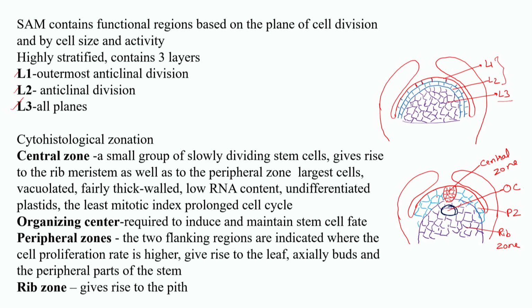Suppose if any stem cells are lost in the peripheral zone or the rib zone because of any activity, they will be filled up by the cells which are coming out from the organizing center.